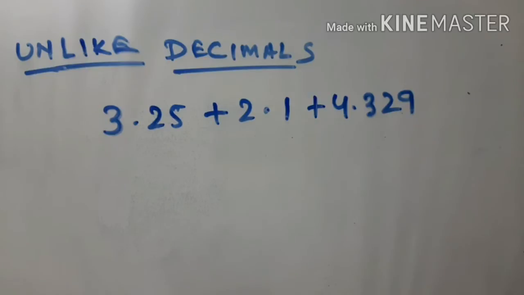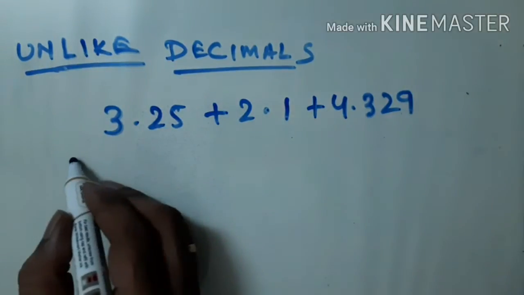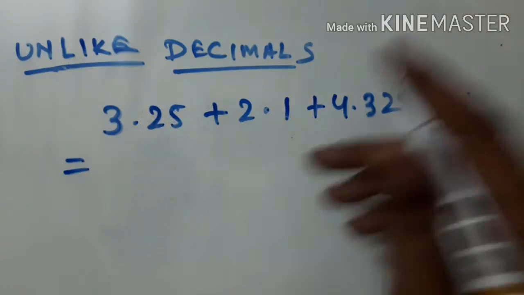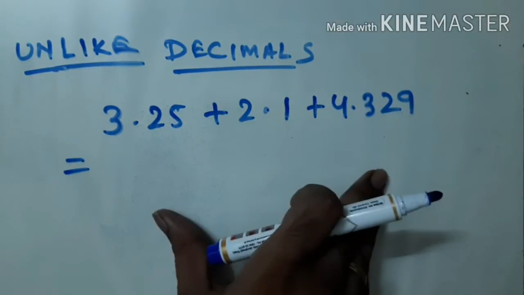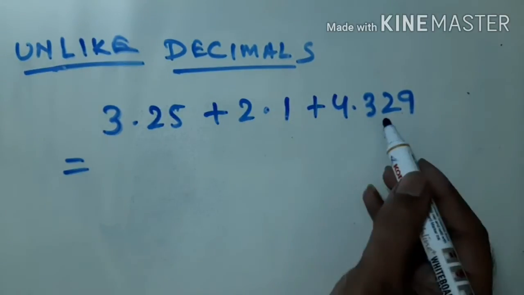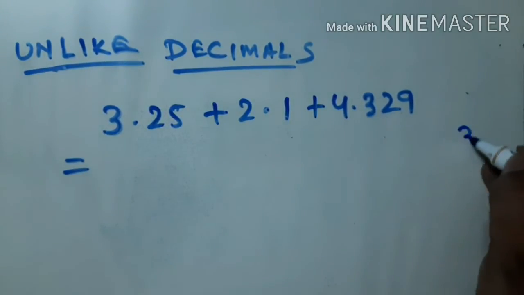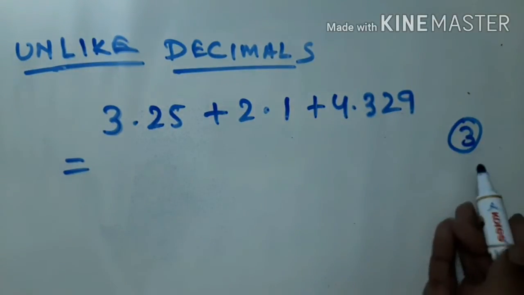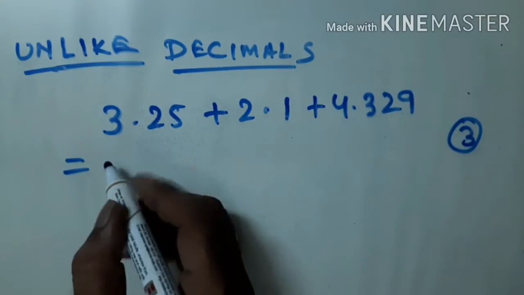We will write it as we are writing for like decimals. First of all, the first number, that is 3.25, we will write it down. Here you have to say that we will convert the unlike to like first, then we will add. The highest number of decimal places is 3. So all will convert to 3 places.